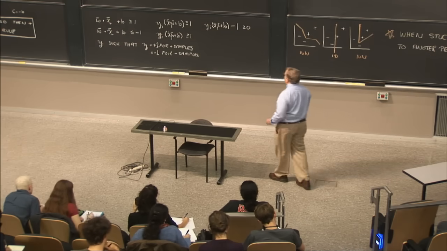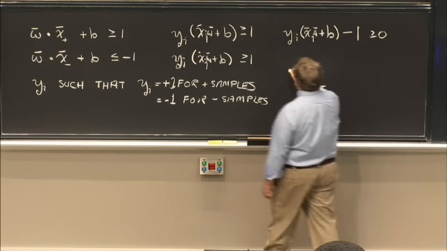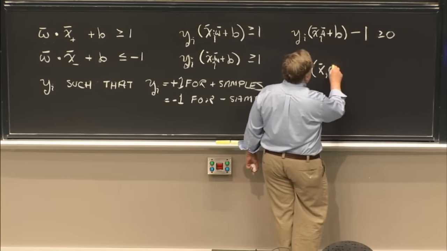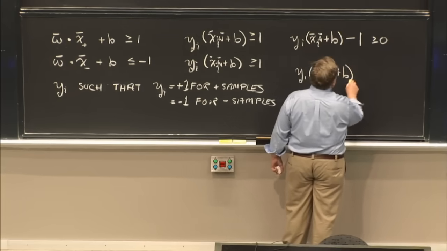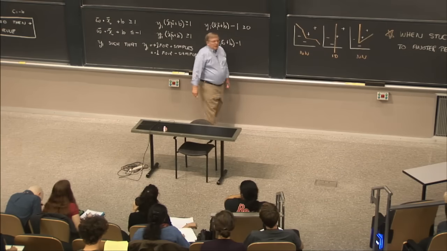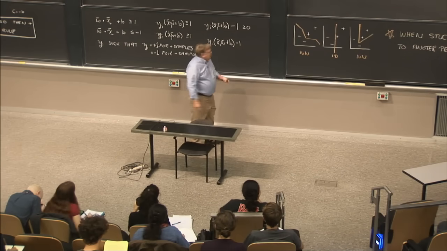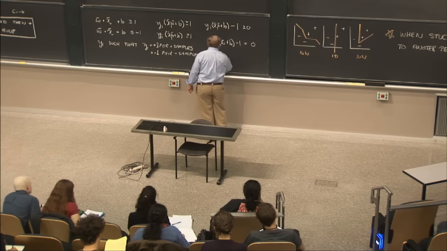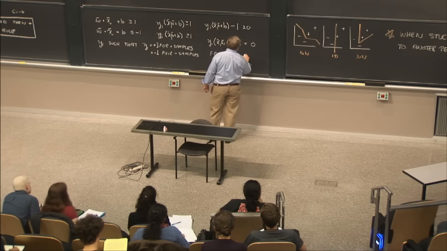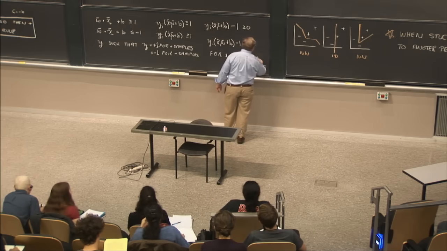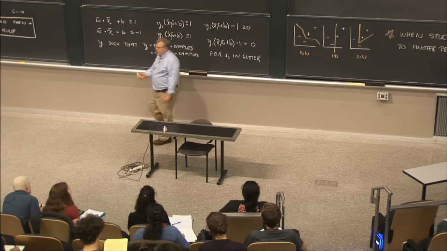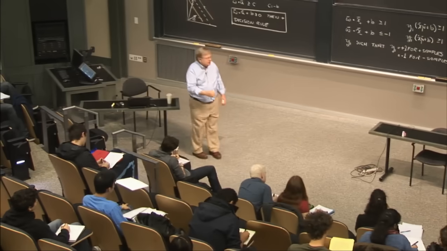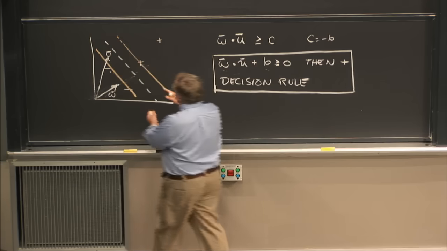But we're going to take one more step, and we're going to say that y sub i times x sub i dotted with w plus b, minus 1, is always equal to or greater than 0. But what I'm going to say is that for x sub i in a gutter, they've always got to be greater than 0, but we're going to add the additional constraint that it's going to be exactly 0 for all of the samples that end up in the gutters of the street.